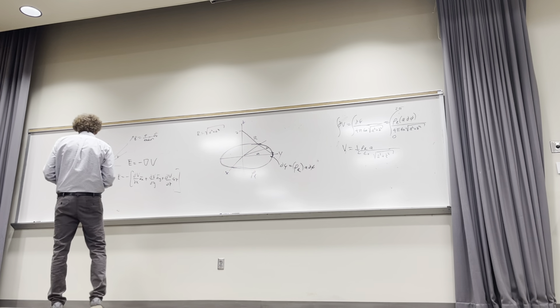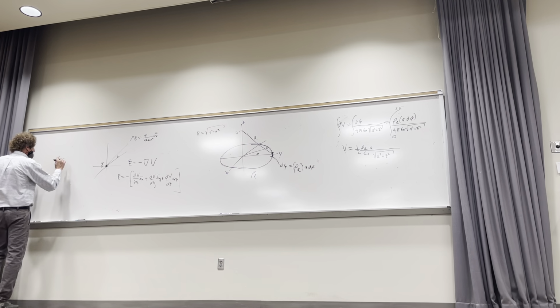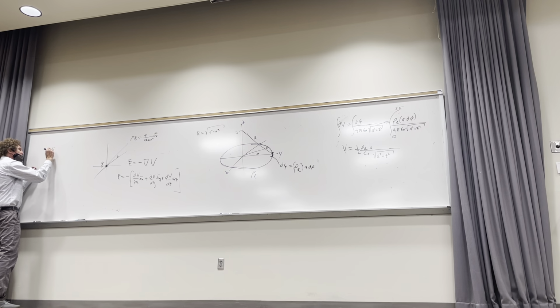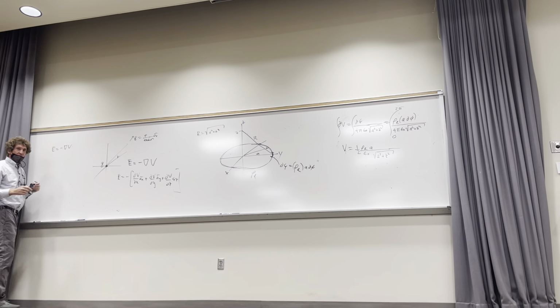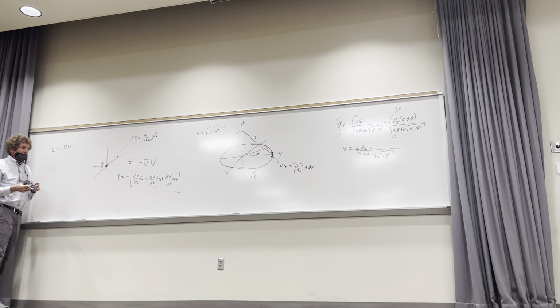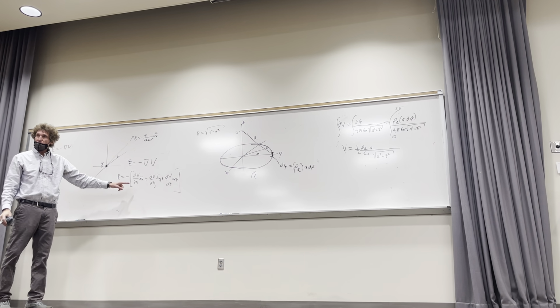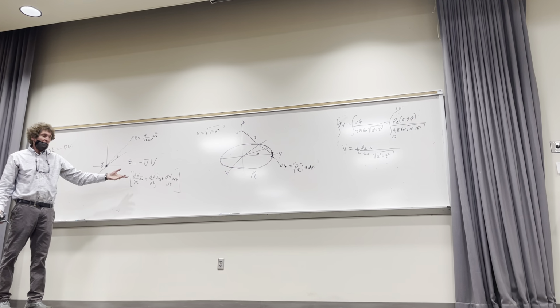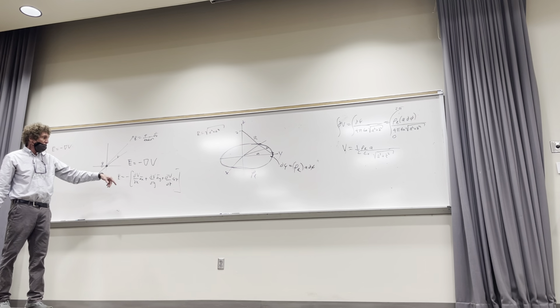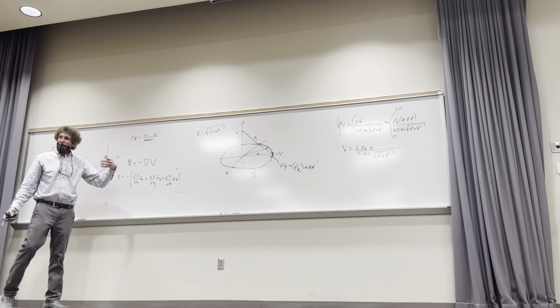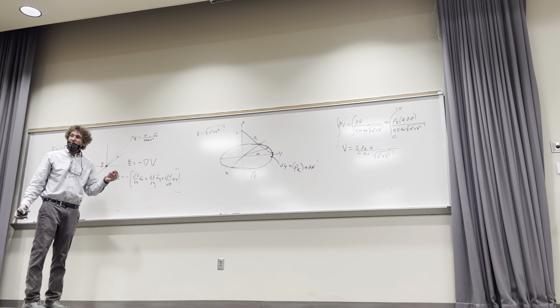So now to get the E field from that, that's the voltage. I'll do it over here. To get the E field, I use the definition I gave you, that the E field is equal to minus the gradient of V, right? Now pay attention to this. Here's my gradient of V. I've done this in Cartesian, but it'll be the same as in cylindrical. Because in cylindrical, you would have a dV d rho.